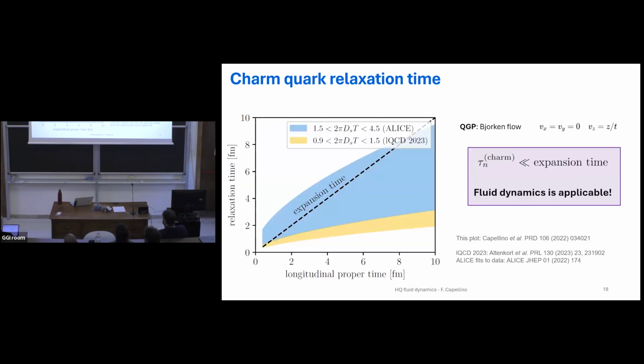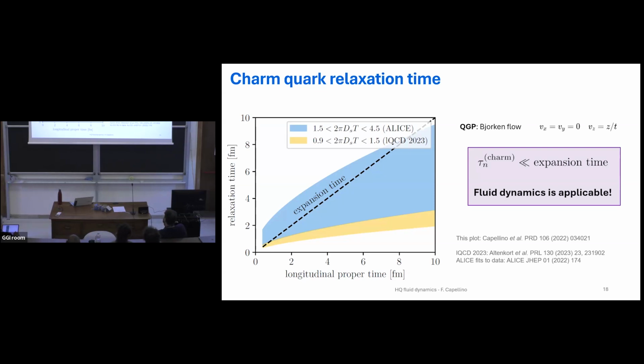And then what we did was to use basically the estimates of the heavy quark spatial diffusion coefficient given by lattice QCD in yellow and from fits to ALICE experimental data in blue. And we computed the relaxation time as a function of the evolution time.